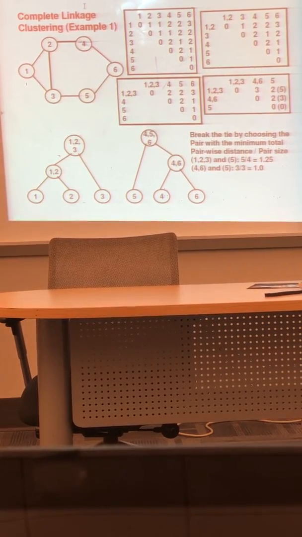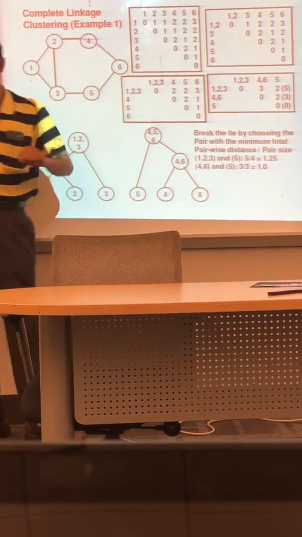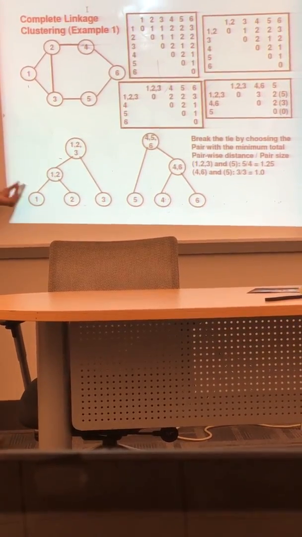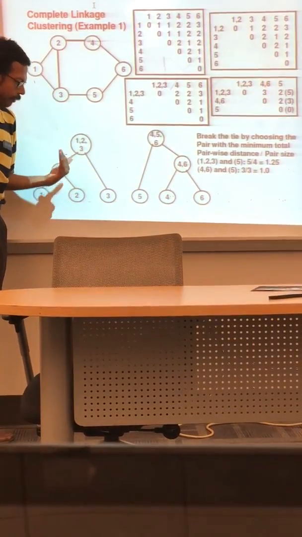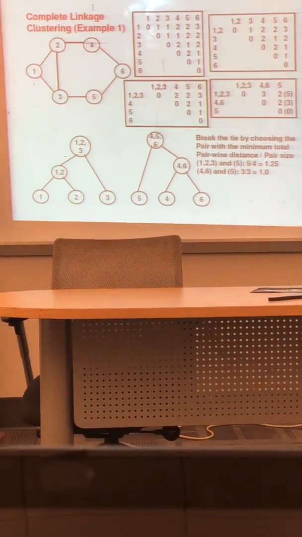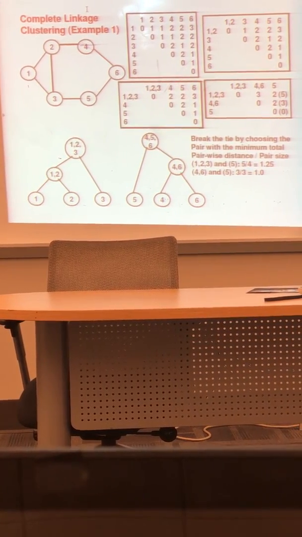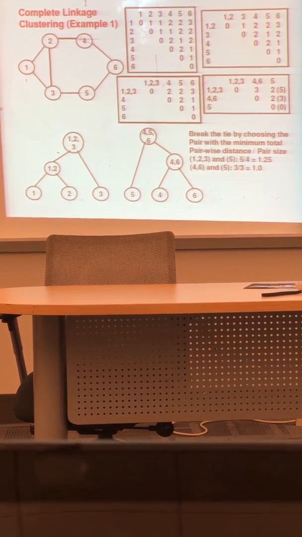Okay. So we found the distance matrix, right? So now we are going through a sequence of iterations. As I said, we are going to start with each vertex on its own community. And then in each iteration we're going to combine two communities into one community. So which two communities we are going to combine is what we need to decide for each iteration.